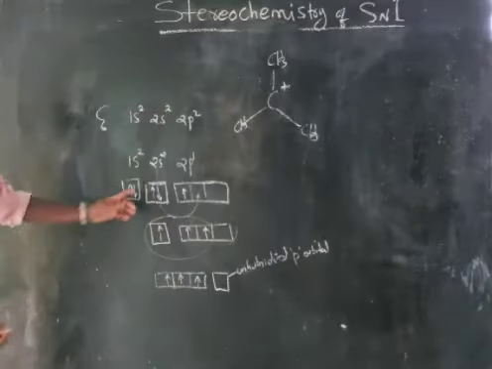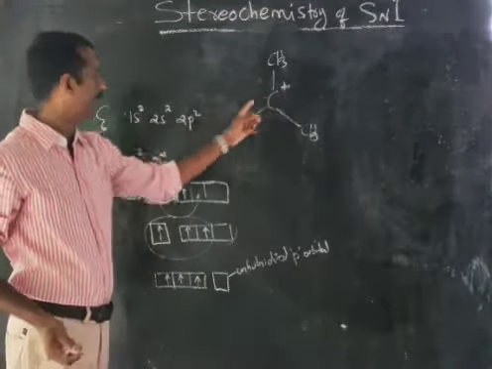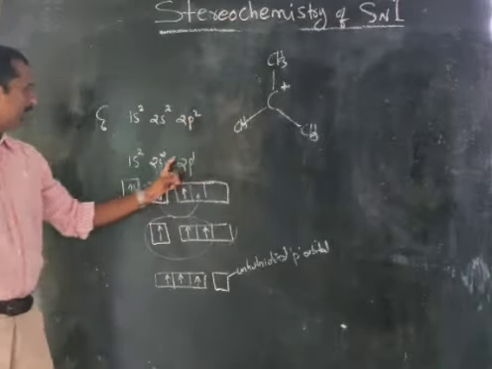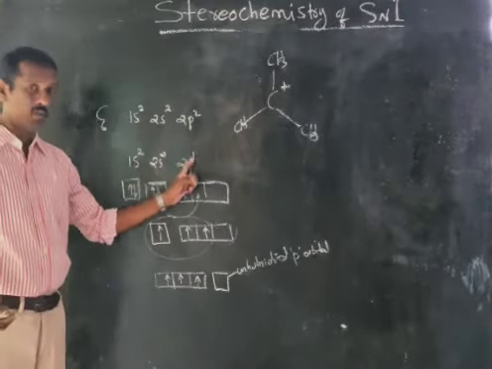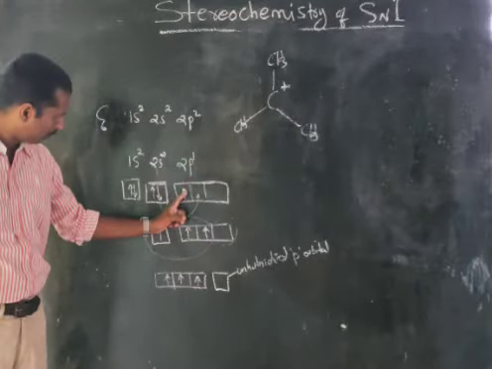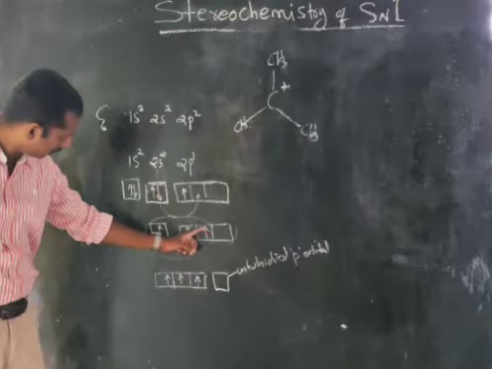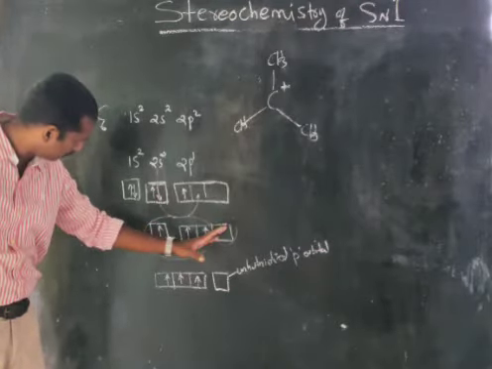orbital. Once again, this is a carbocation, and carbon has a positive charge, so one electron is less. You have 1s2, 2s2, and 2p with only one electron. One of the 2s electrons will be shifted, after that there is a vacant p orbital, let it be there.